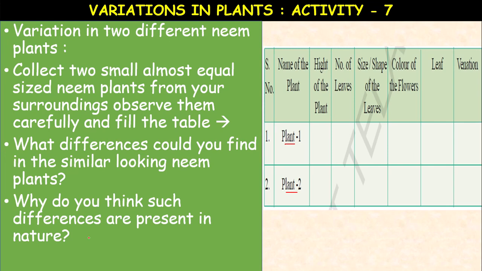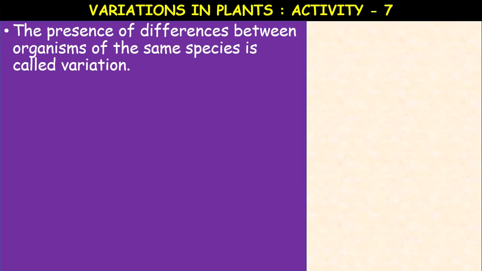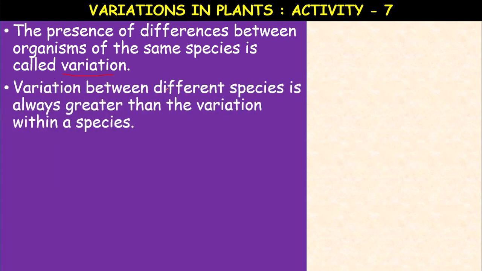Okay, so if you consider human beings, nutrition also plays a very important role. Okay, so let us proceed. The presence of differences between the organisms of the same species is called variation. Okay, define variation.